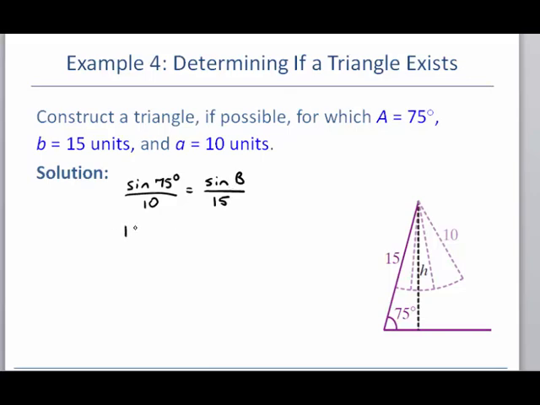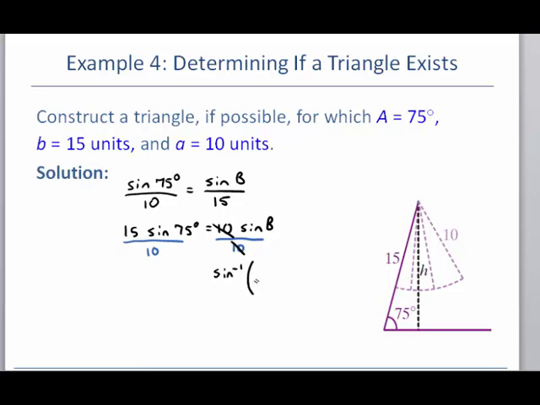We're going to cross multiply. So 15 times sine 75 is equal to 10 times sine B. We want to first get sine B by itself, so we're going to divide both sides by 10. And remember that if we're solving for an angle, we want to enter it into our calculator as an inverse problem.